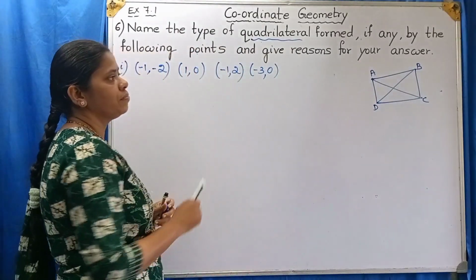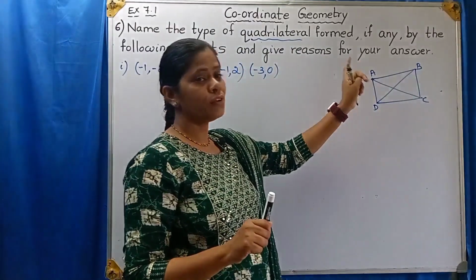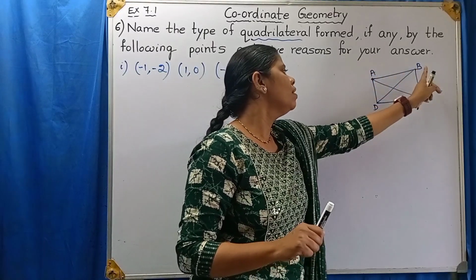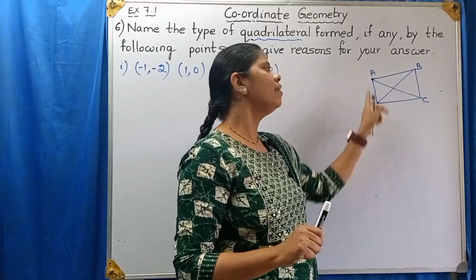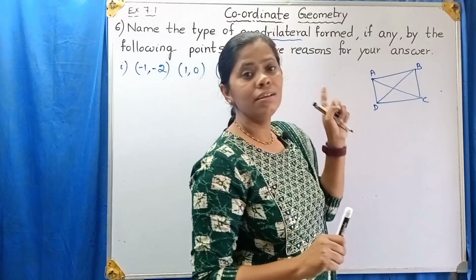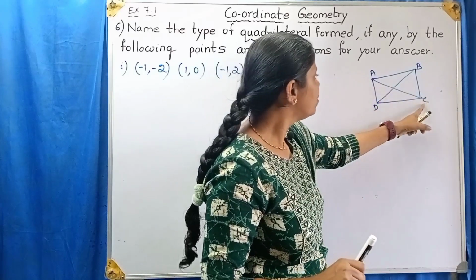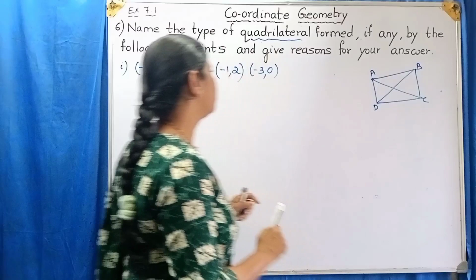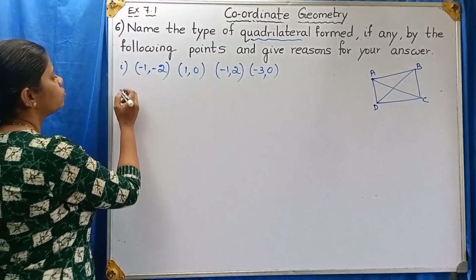Let us solve this. Listen carefully once again. We have to find the distance between AB, BC, CD and DA, and also the distance between the diagonals, that is CA and DB. Let us solve this.